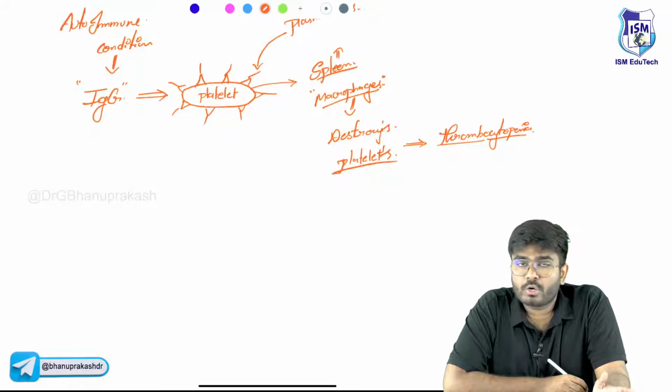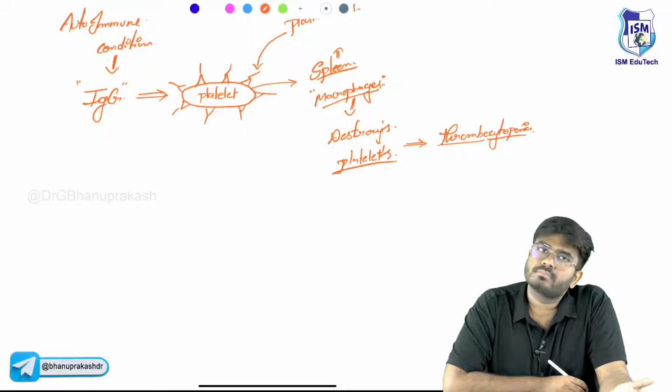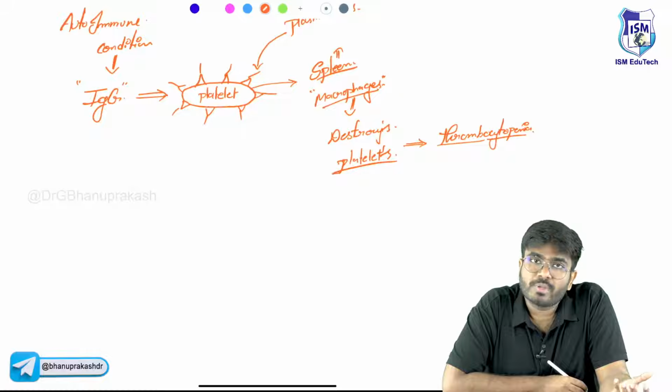When the number of platelets goes down, there are no platelets, no platelet adhesion, no platelet aggregation. So there is a defect in platelet plug formation. Primary hemostasis is going to be affected.